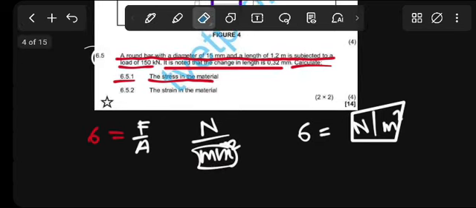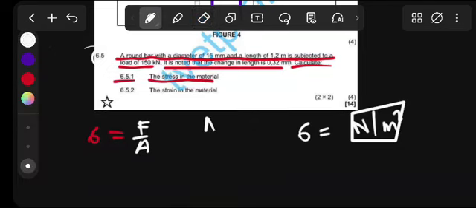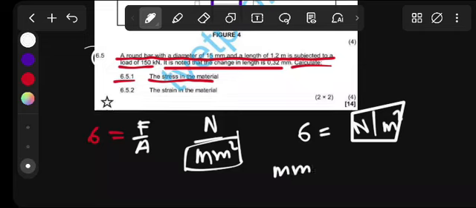They can trick you. They can give you stress in Newton per millimeter squared. If they give you that, do not panic. To convert millimeter squared to meter squared, you multiply by 10 to the power of minus 6.